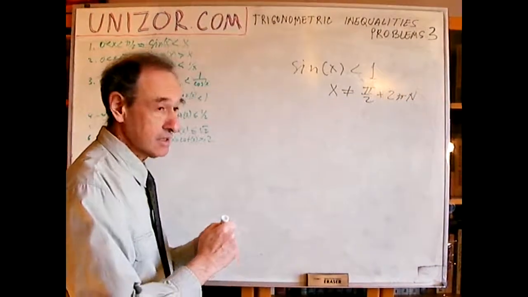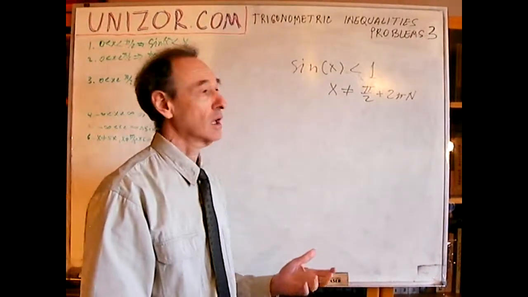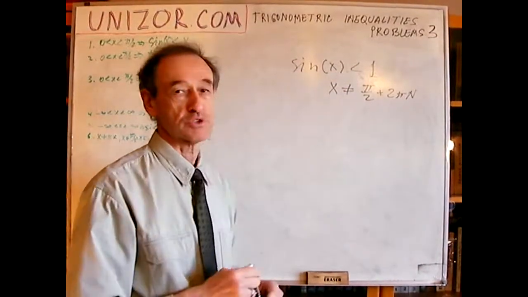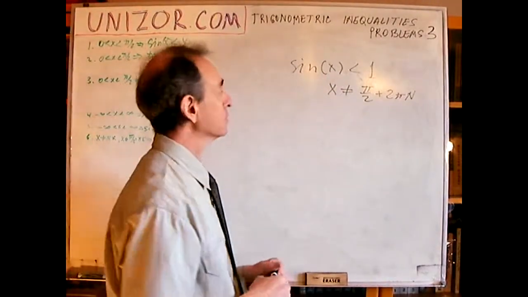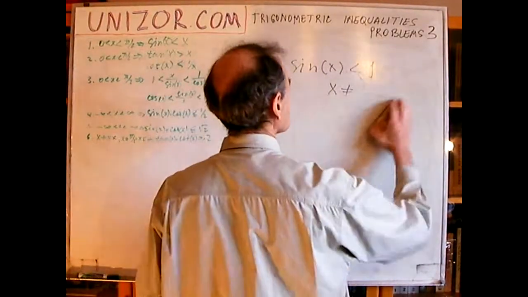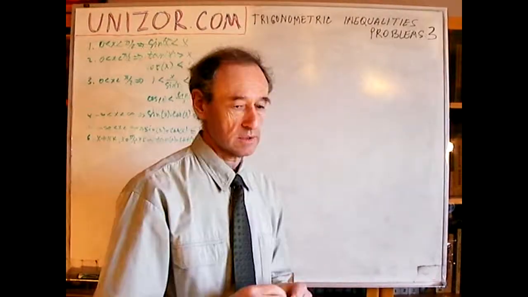Now this is a conditional inequality, so if this condition for an argument is established, then this particular inequality holds true. So I'm going to present a few examples right now.